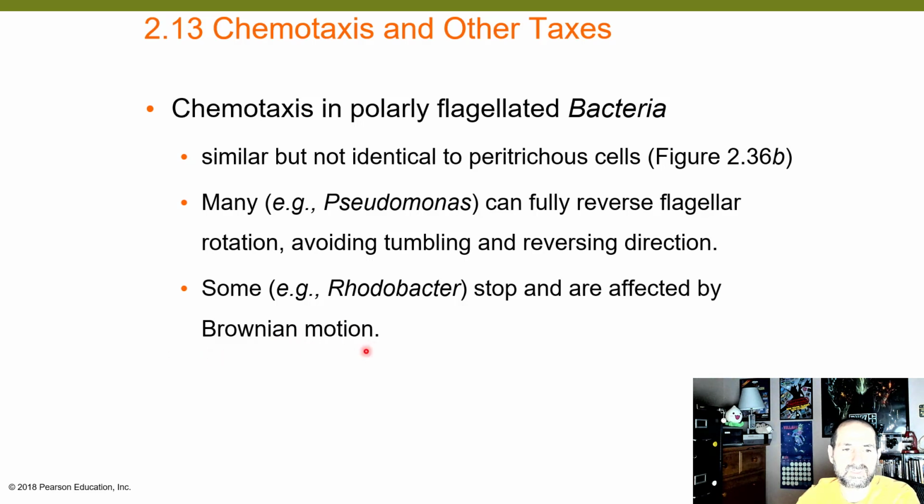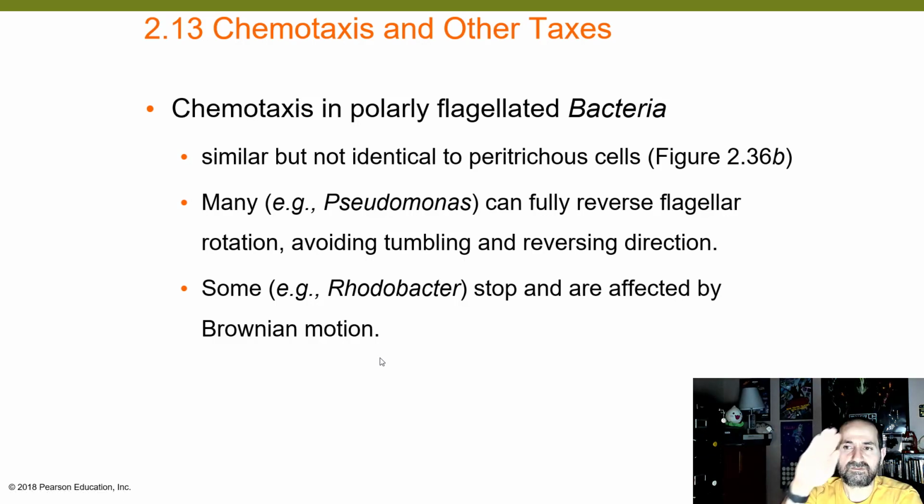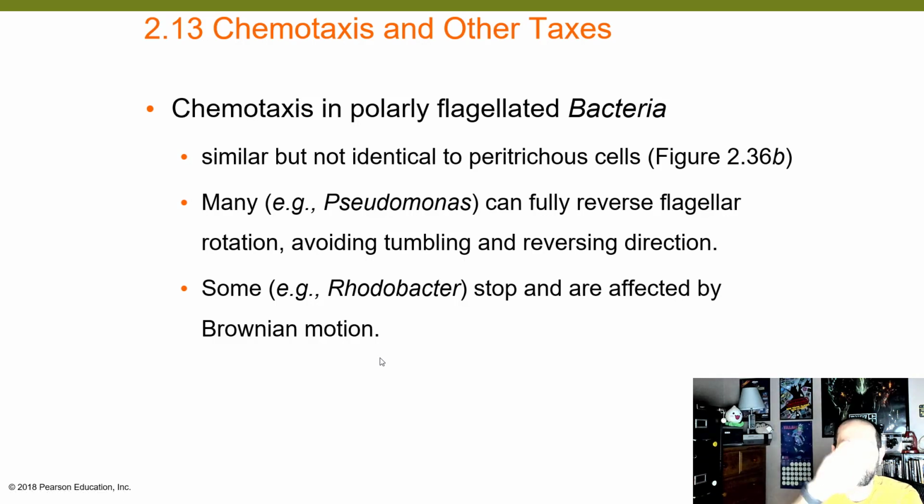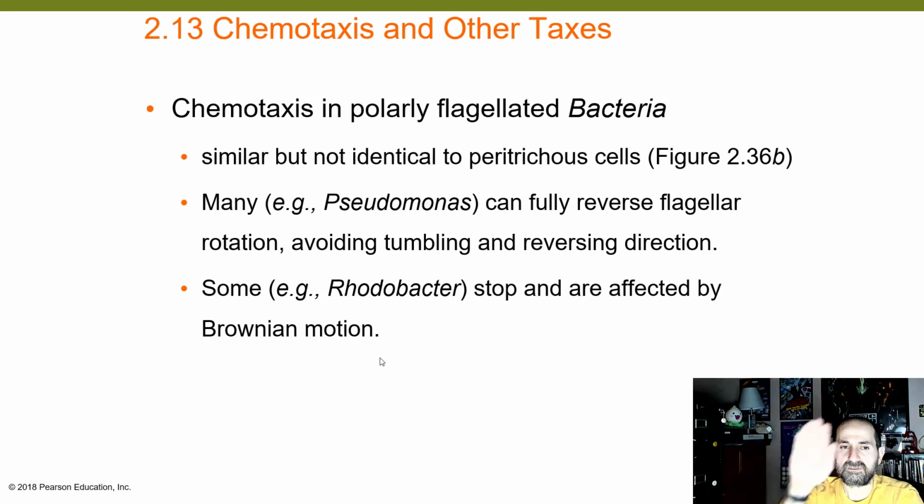Brownian motion is not a true form of motility. It's a false motility, also known as a fake motility. But it looks like motility because the bacterium is kind of bouncing around. But the reason for the bouncing around is because molecules, mainly water, in solution are kind of moving the bacterium around.